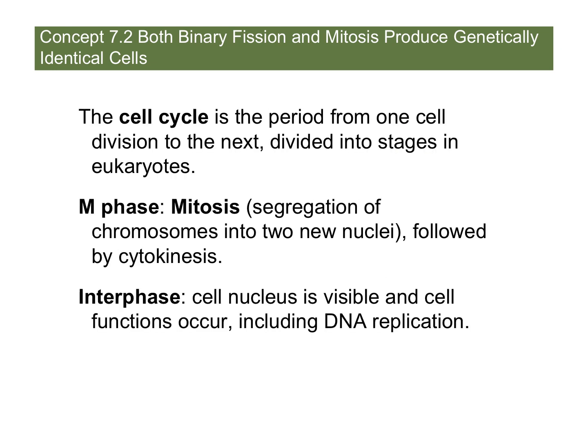Now, the cell cycle is the period from one cell division to the next, divided into stages in eukaryotic cells. The M phase, which stands for mitosis, is the splitting of the chromosomes to form the two nuclei, followed by cytokinesis. Interphase is when the cell nucleus is still visible and normal cell functions occur, including DNA replication.